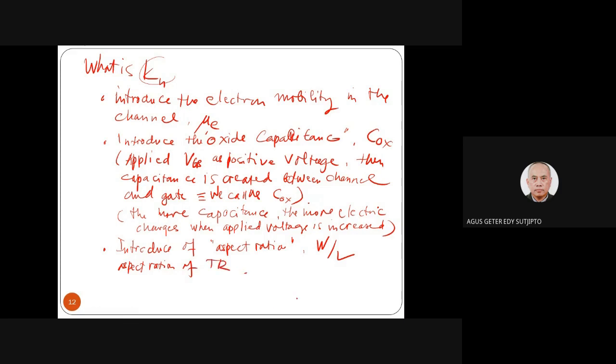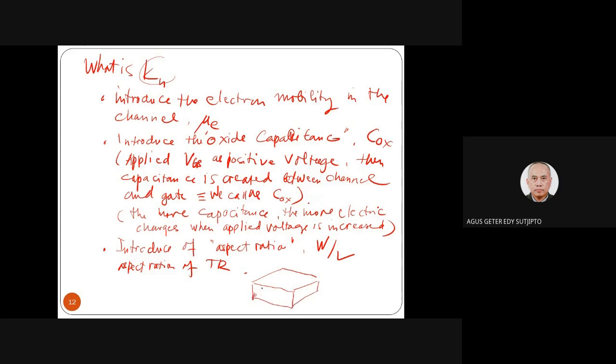So the aspect ratio, we know that this transistor has a dimension. For example, we have the length and the width. This is a P type semiconductor.